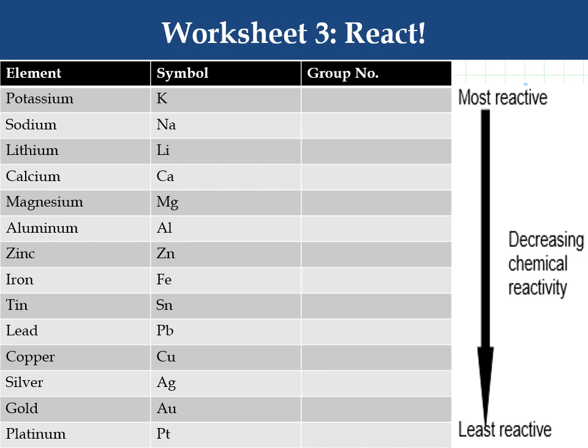Yung nasa taas are the most reactive element on our periodic table. Habang pababa ng pababa, decreasing chemical reactivity. So, yung nasa baba is the least reactive element on our periodic table. Okay. So, maliwanag? So, let us continue.